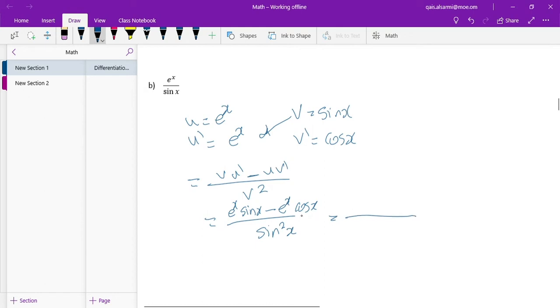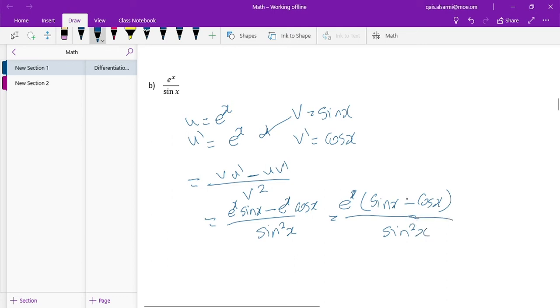Don't forget about the common factor. E power x here is valid. Remains sine x minus cosine x over sine squared x. And this is the simplest form.